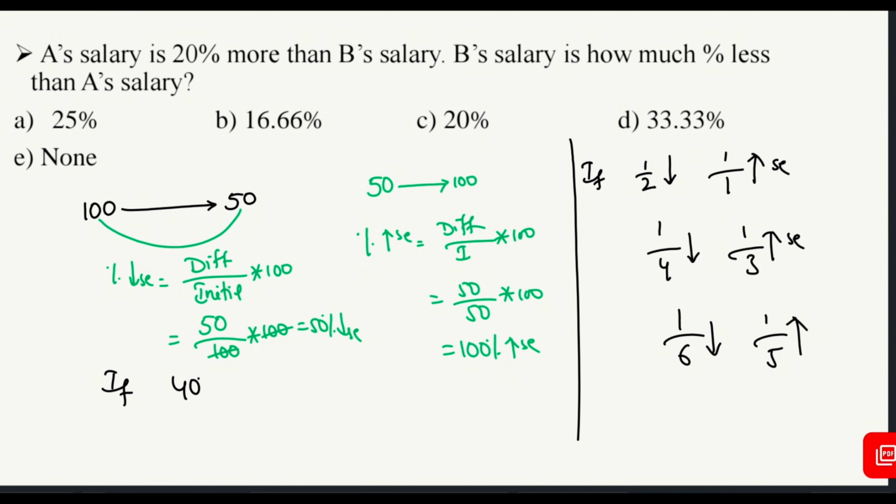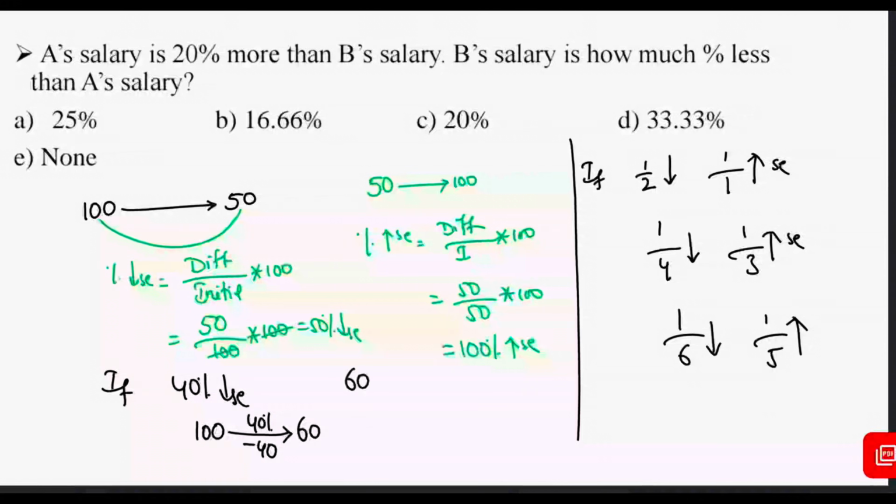If 40 percent is decreased, that will be 100 to 40 percent. What is 40% of 100? 40% of 100 will be equal to 40. 100 minus 40 equals 60.